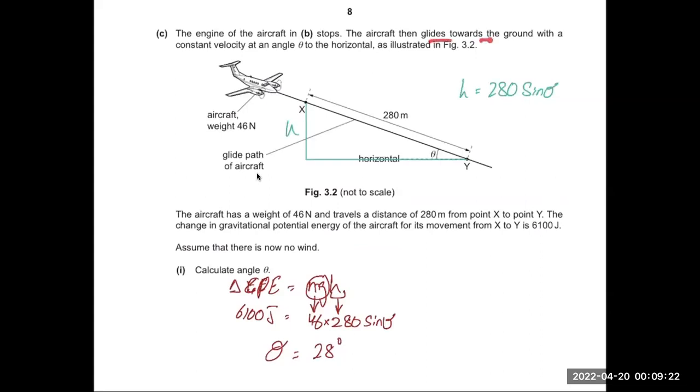It glides towards the ground with a constant velocity at an angle theta to the horizontal. If I ask you, what happens to this change in gravitational potential energy? What form of energy does it get converted into as the aircraft glides downwards, as it loses height?